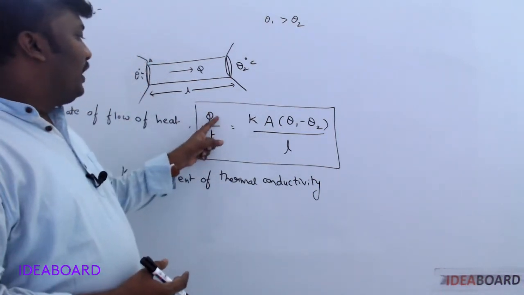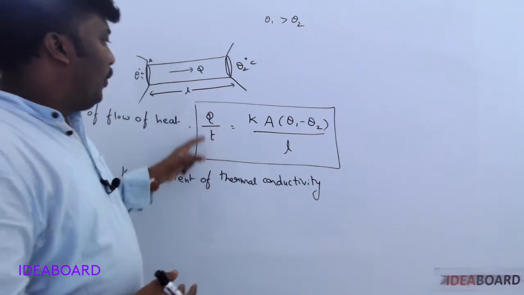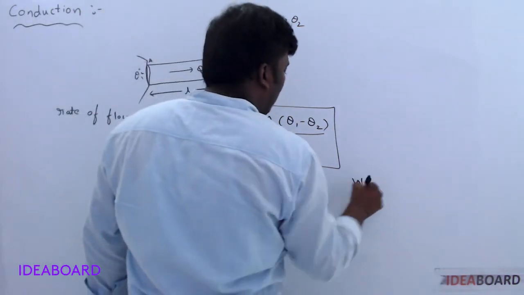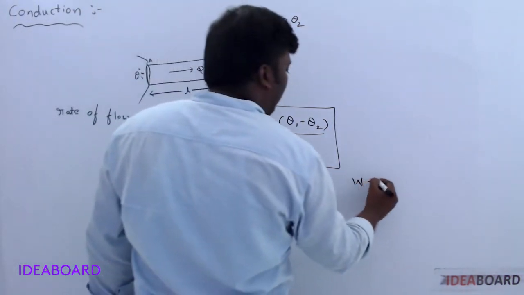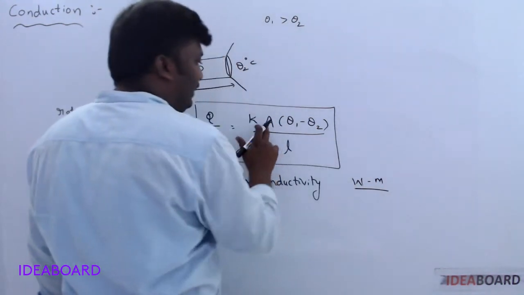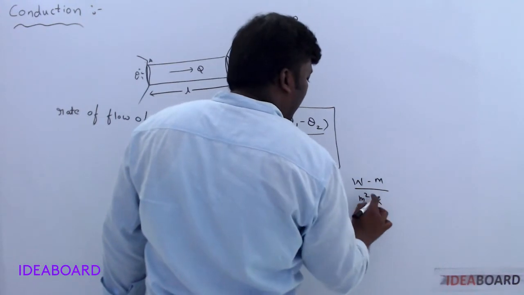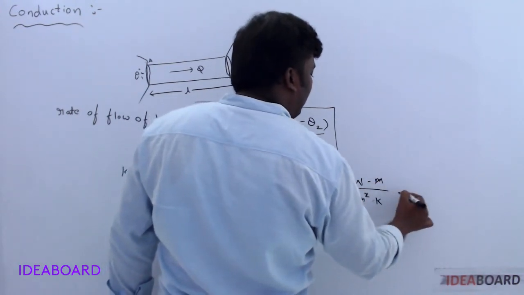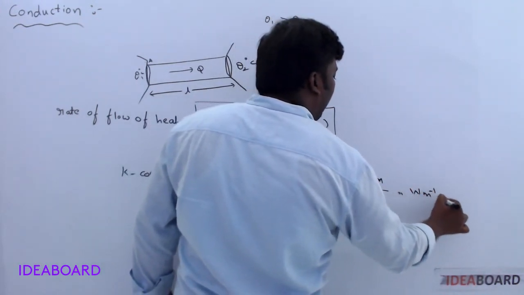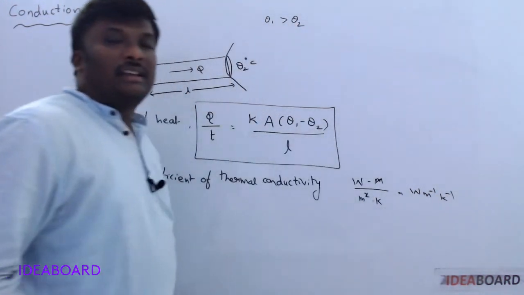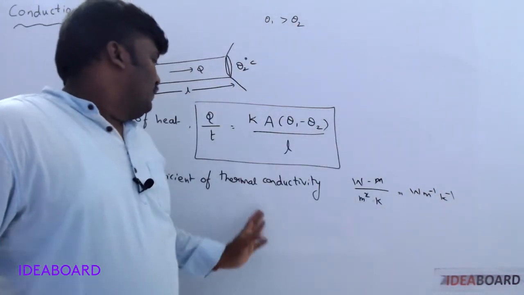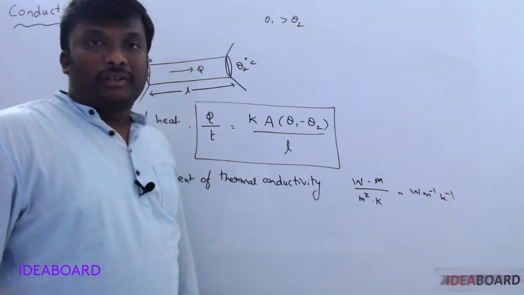Q by t is work by time, which is nothing but watt. Length will be taken this side, meter, by area, meter square, temperature, Kelvin. One meter cancels. Watt per meter per Kelvin, that is watt meter inverse Kelvin inverse, is the unit for the coefficient of thermal conductivity.